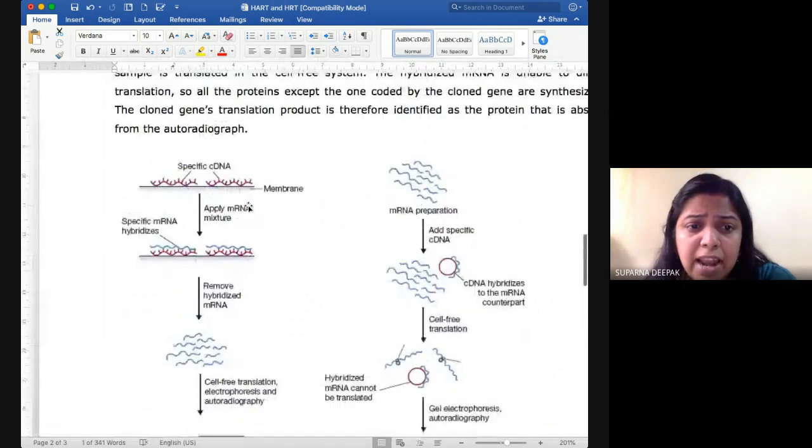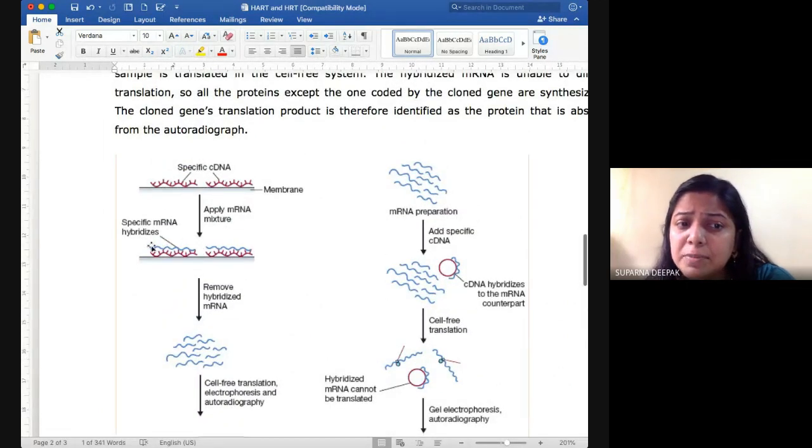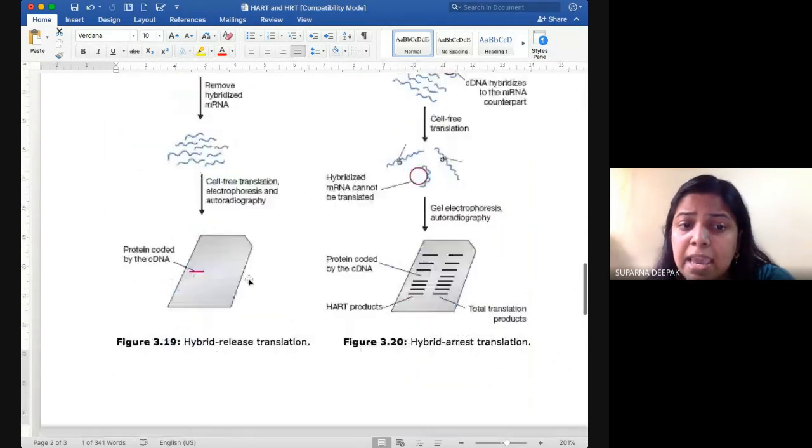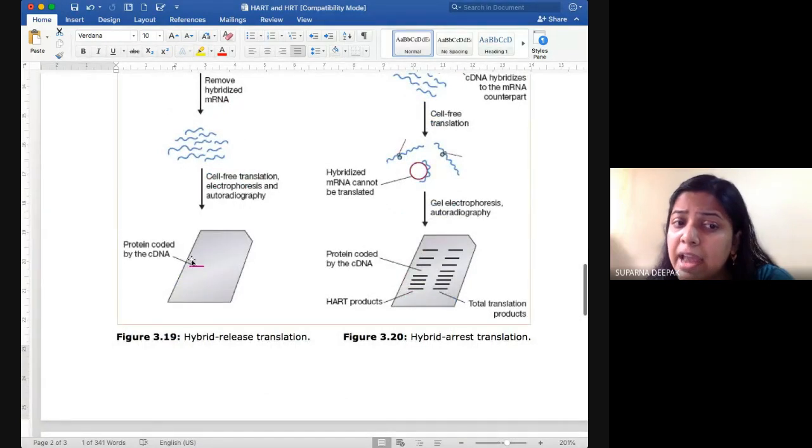If any mRNA has been hybridized to your cDNA, then that will produce your protein and give you a single band. So getting a single band suggests that yes, the recombinant cell was able to produce your mRNA of interest.